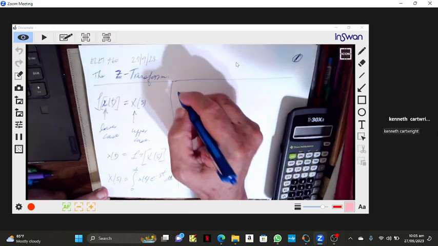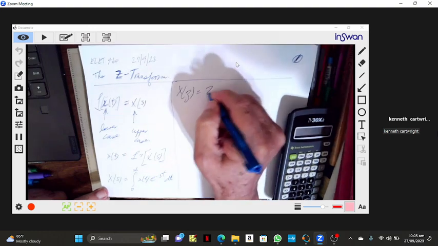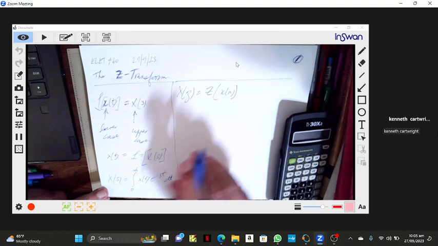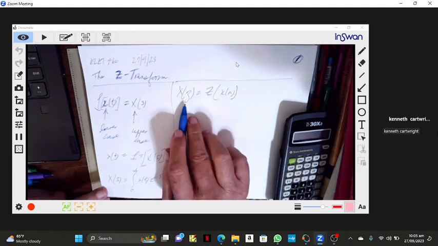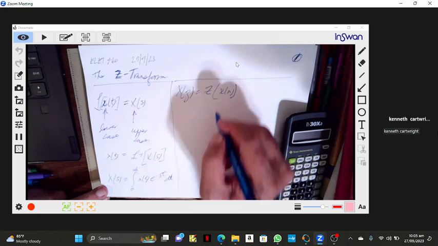So we write X of z is the Z transform of x of n. All right, so instead of writing S, we write Z. Again, this is lowercase.